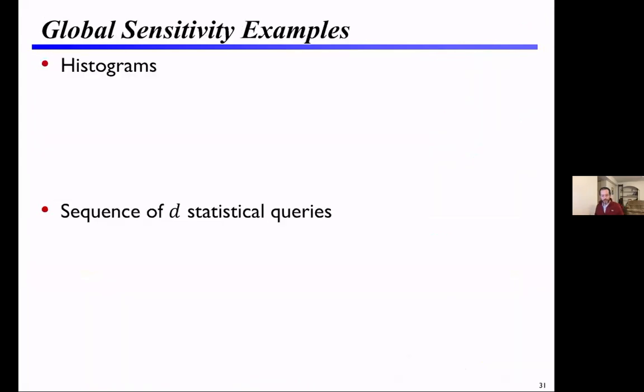Let's see some other functions for which this mechanism really works well. One example is histograms. What's a histogram? We're going to imagine that our data universe, script X, is partitioned into d disjoint bins.